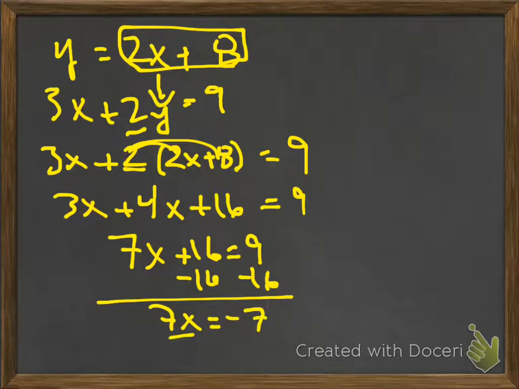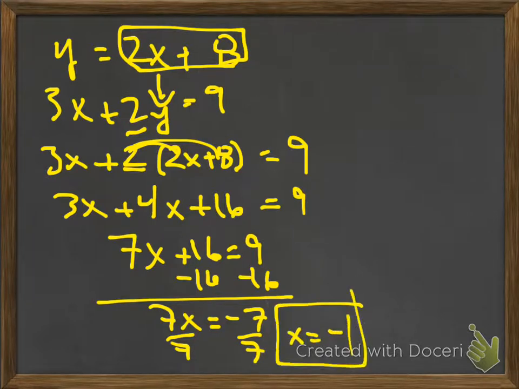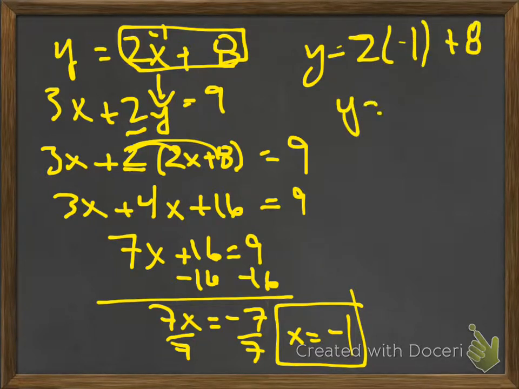So from there you can see all I've done is make sure I've gone through the normal steps of solving an equation to get my answer. Now I'm going to put this negative 1 in place of the x and say y is equal to 2 times negative 1 plus 8, and then y is equal to negative 2 plus 8, which is 6.